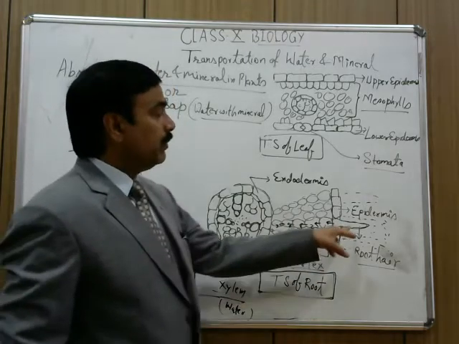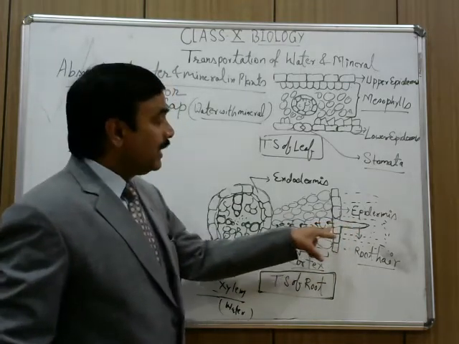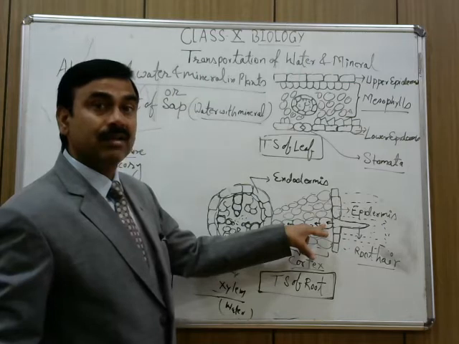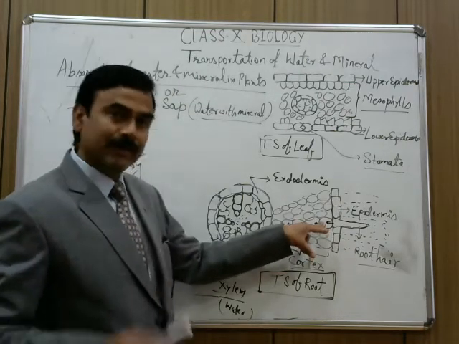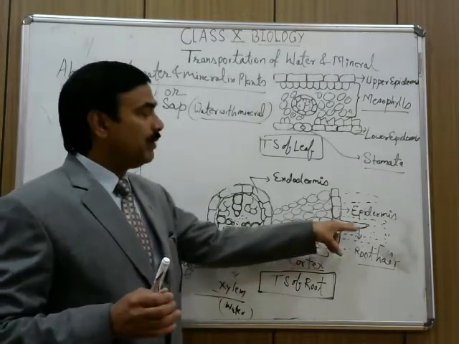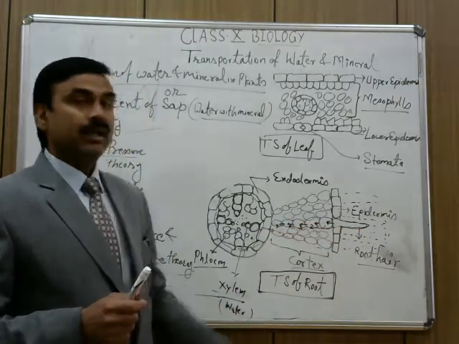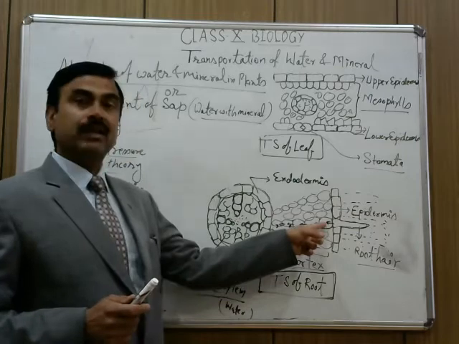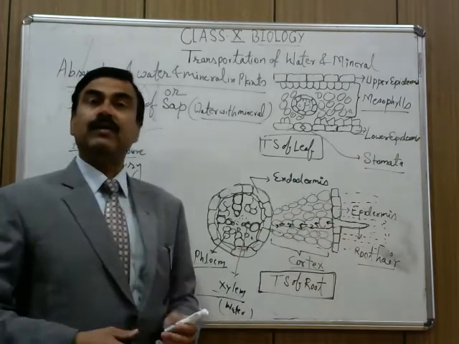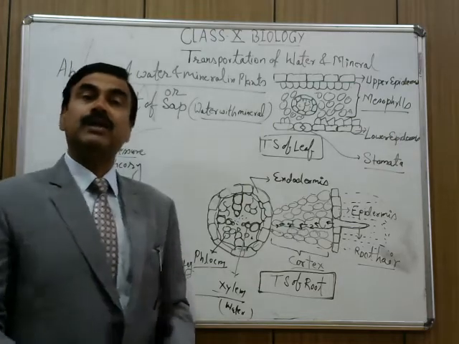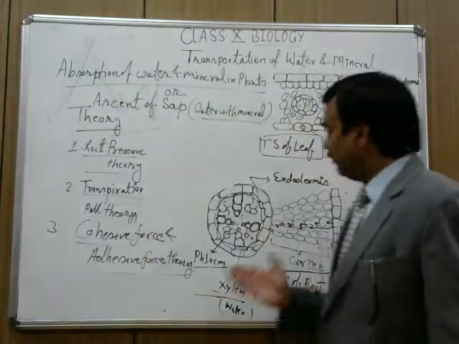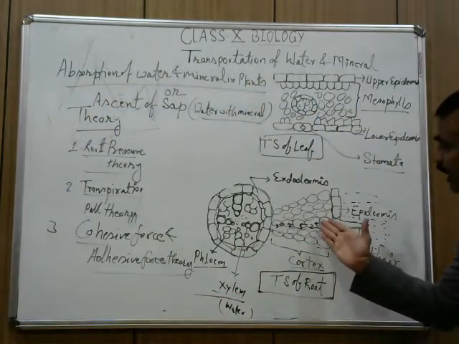So the water will be more in the root hair, and the cortical cells, the cortex, will have a lower water percentage. So this water will move from higher to lower. Again, in comparison, the outer side of the cortex will have more water than the inner side, so automatically water will move from higher to lower.